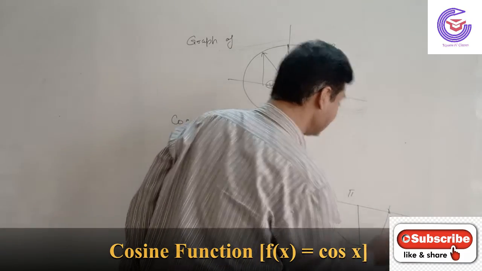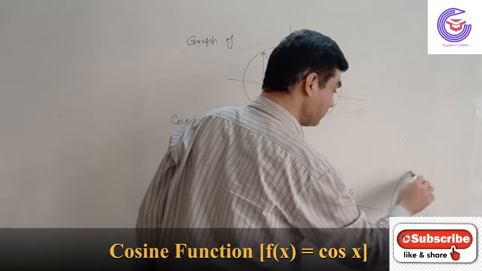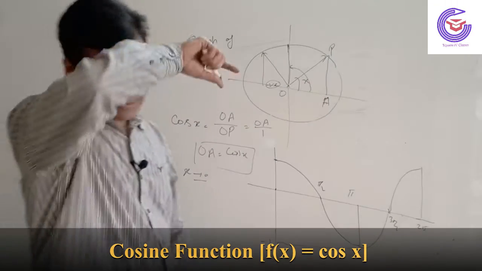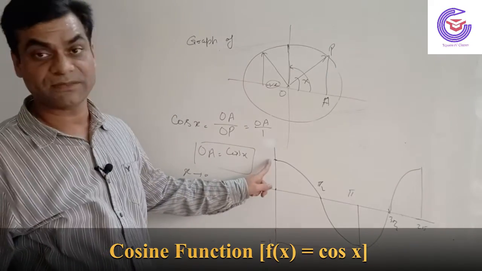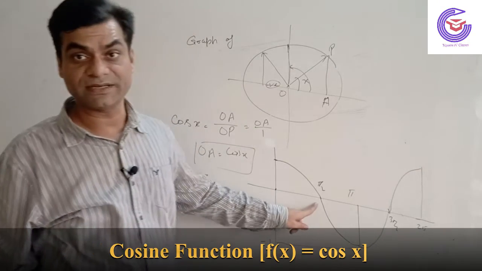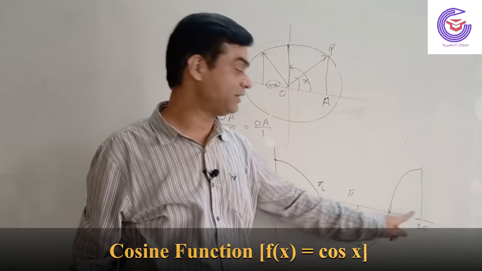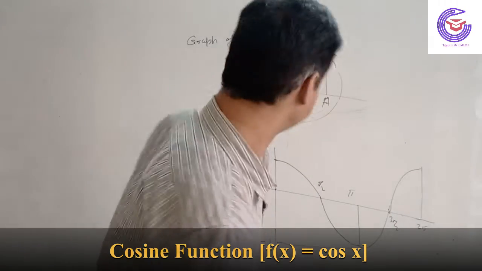At 3 pi by 2, it is 0, and at 2 pi it becomes maximum again. So here is one cycle. In one cycle, it starts from the maximum, at pi by 2 it is 0, at pi it is minimum, then at 3 pi by 2 again 0, and at 2 pi again maximum.